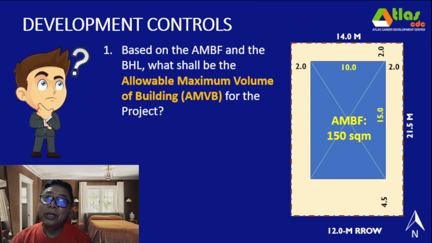So the development controls on the AMVB can be derived in two ways. One is basing it on the AMBF and the BHL, which is our initial value for the allowable maximum volume of building, or the AMVB initial, or the AMVB plainly, that is based on the AMBF and the BHL.